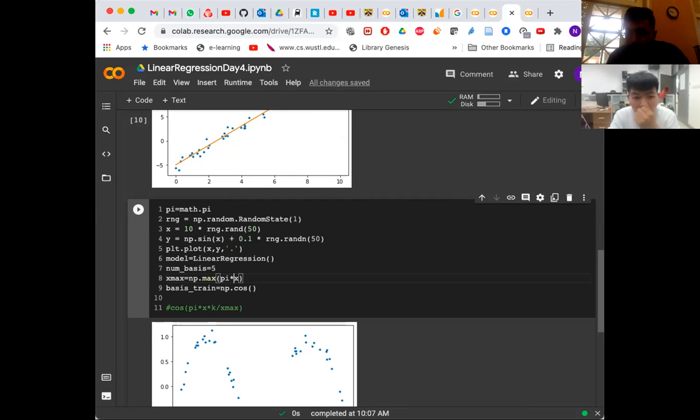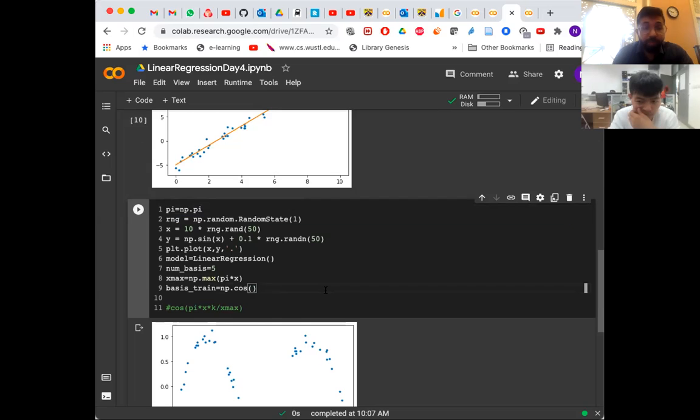Can we choose the number of bases arbitrarily? NumPy also has pi. Okay, I did not know that. If NumPy has pi, then I can just use np.pi. Yes, the number of bases, you can choose it arbitrarily, but you have to choose it smartly. It's not a completely independent thing. It depends on the type of data that you have. If you choose it too low, you will have an underfit.